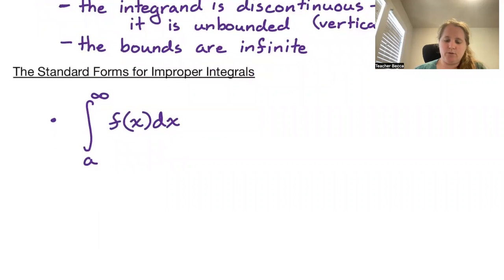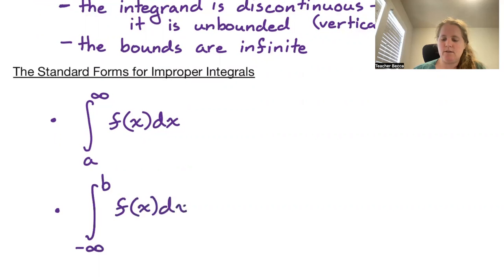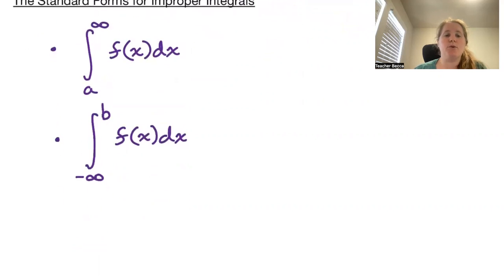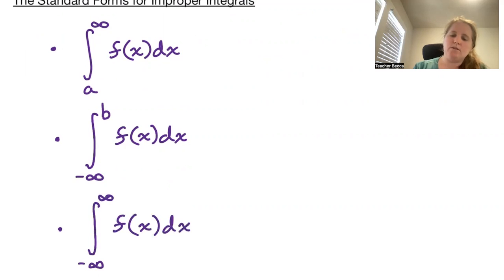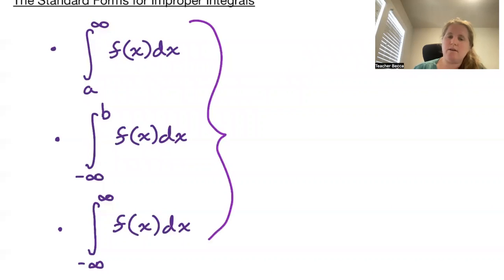Another one with infinite bounds would be an integral from negative infinity to b of f of x dx. And then we could also have both bounds being infinite, in which case we would go from negative infinity to positive infinity of f of x dx. So these are our cases where we have infinite bounds.